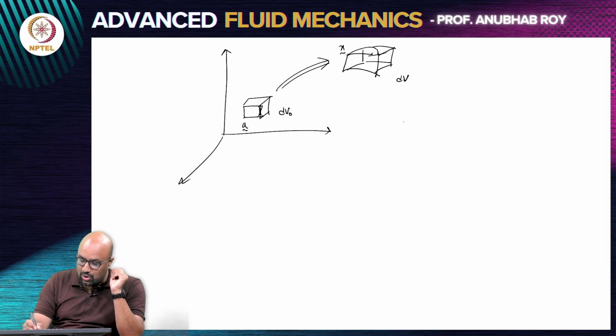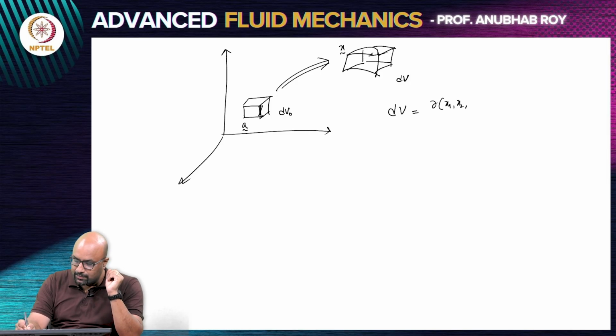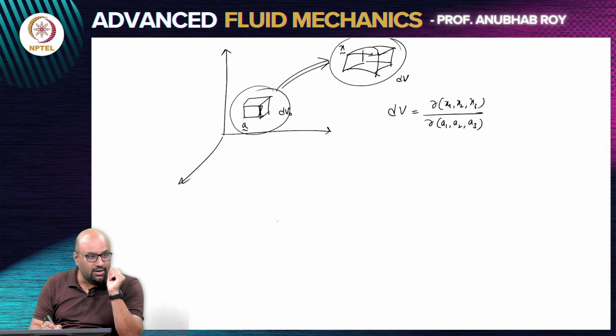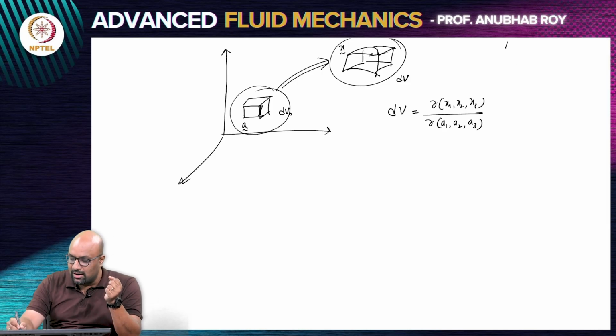So, if I write my dV, now dV for this new volume will be related via what is known as the Jacobian, because you are transforming from one label of coordinates to another. If you move from, let us say, Cartesian to cylindrical coordinate system, in Cartesian you have dx1, dx2, dx3 as a volume element.